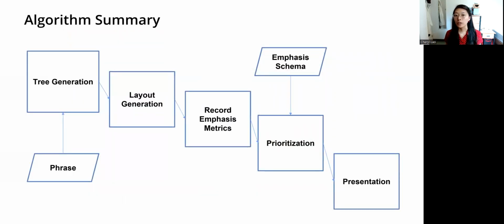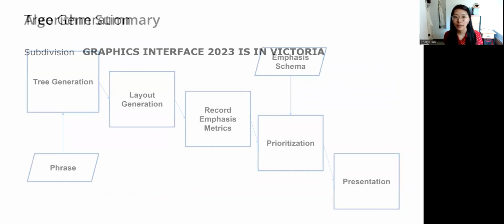Our approach for generating packed rectilinear display text layouts also uses a tree structure to represent relative alignment between visual elements. However, we also introduced a step for prioritizing layouts based on how well they fit the desired emphasis for each word, which I'll go into more detail on later.